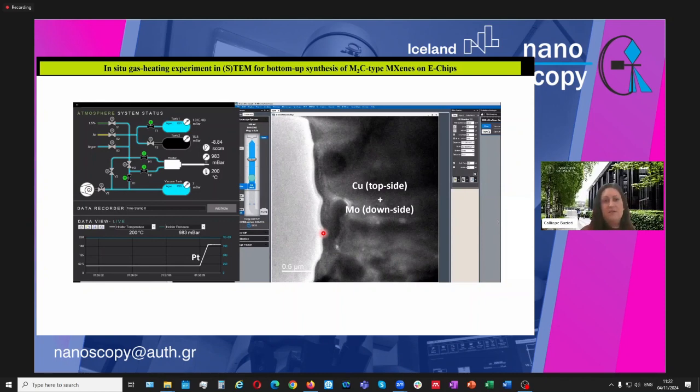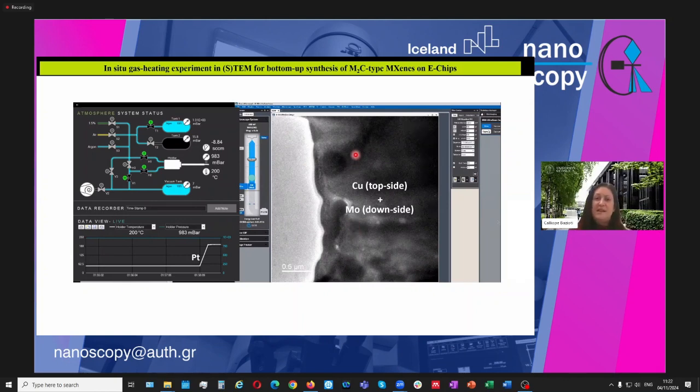So it is very interactive. We can introduce the gases that we want, and then we can control precisely the temperature. We can go up to 1000 degrees, and we can also change the pressure of the inserted gases. We can go up to 1000 millibars. And at the same time, of course, we can see how these parameters affect our sample.